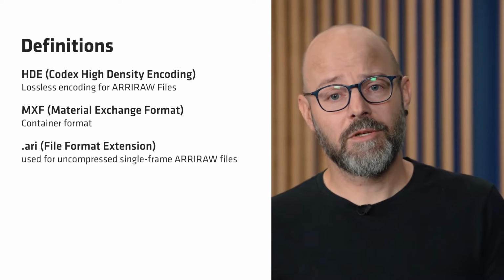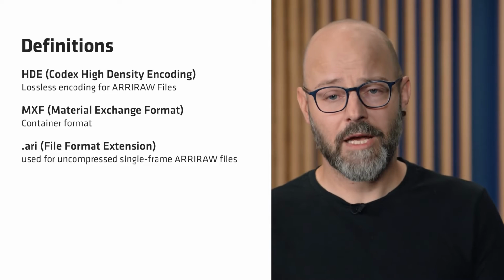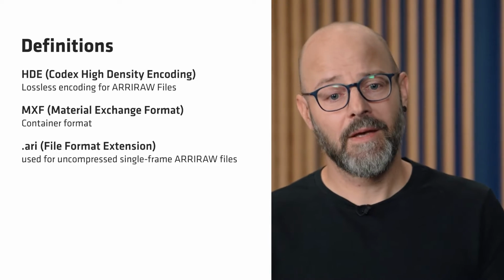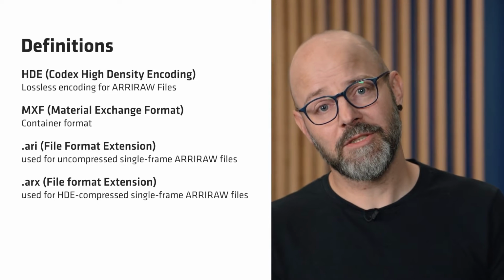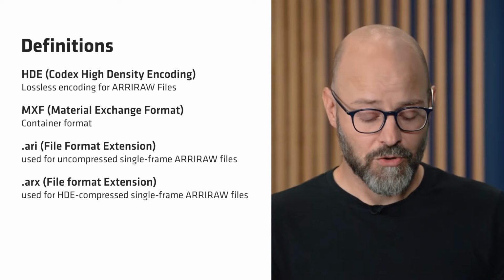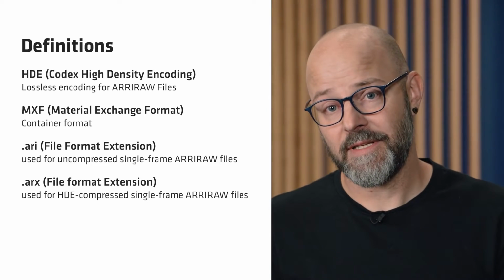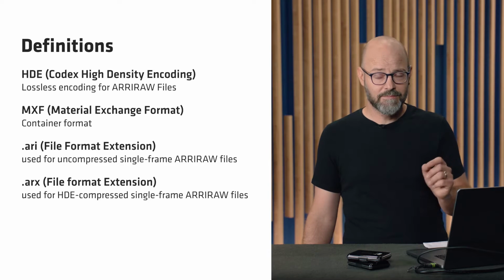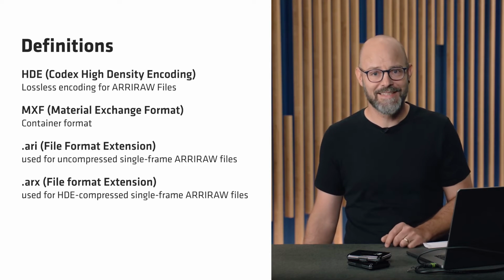ARI was the original file extension we used to store single-frame ARRI RAW data. ARX is the file format extension Codex used to store single-file HDE encoded ARRI RAW data. These are basically all the formats you need to know about and understand for the next slides.